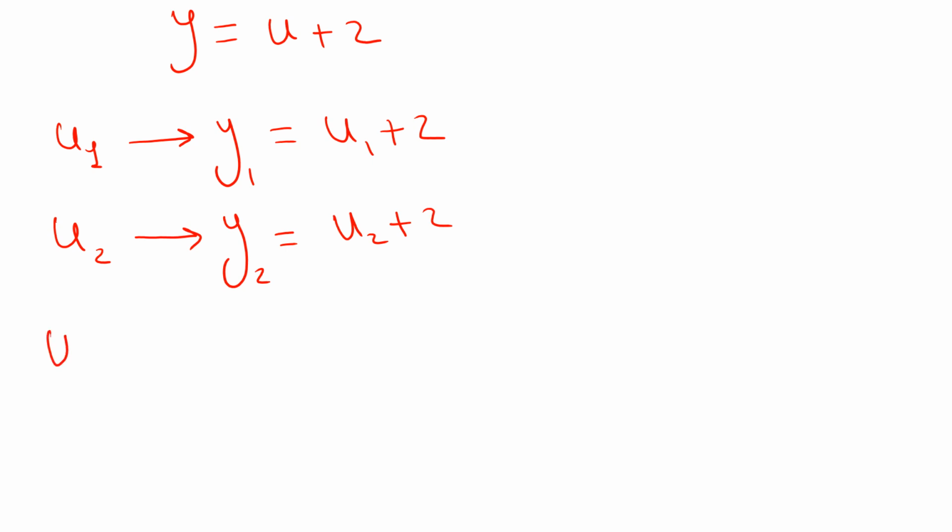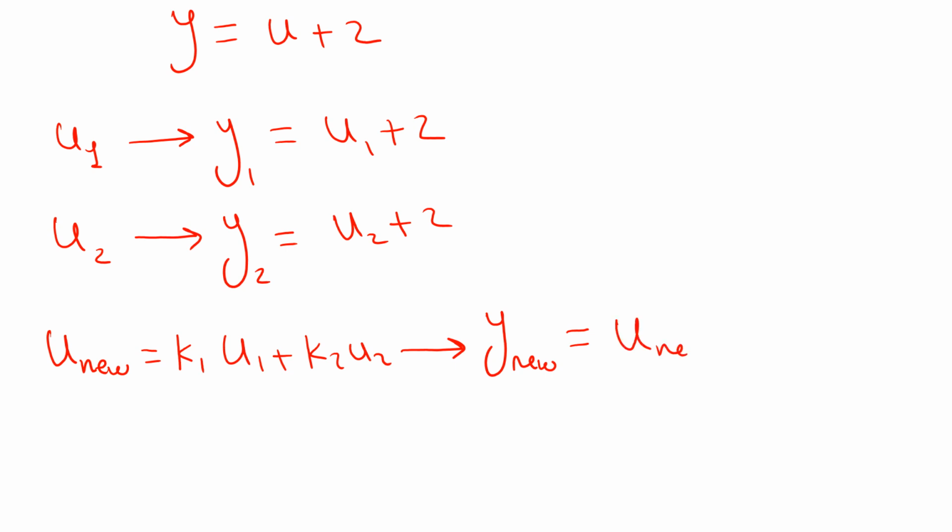Now let's feed a new input, u new, a combination of u1 and u2, and compute the corresponding y new. According to that equation, y new is equal to u new plus 2. Now the system is linear if this y new is equal to k1 y1 plus k2 y2.